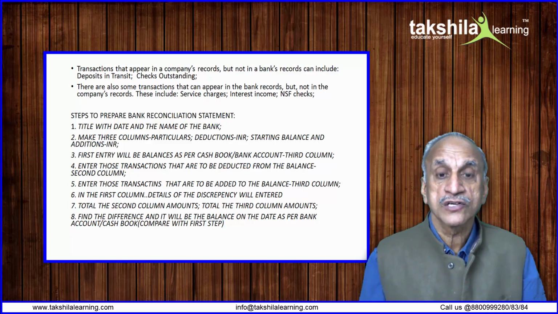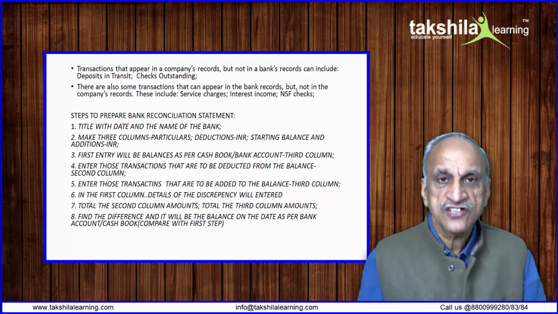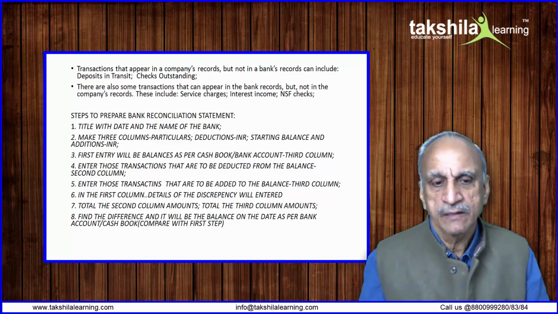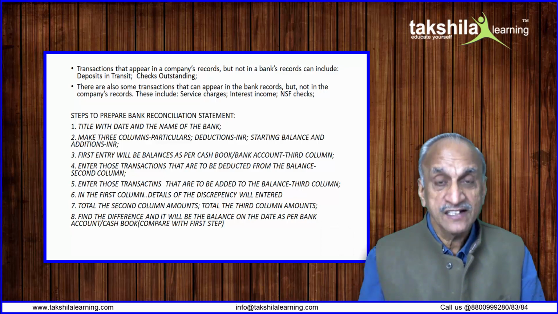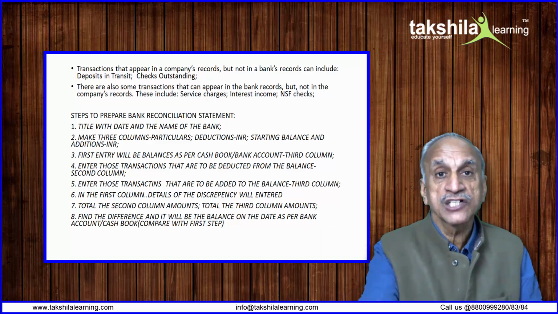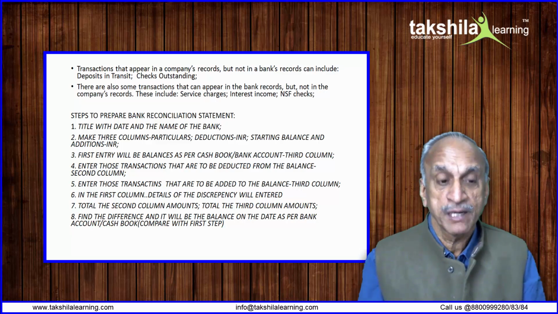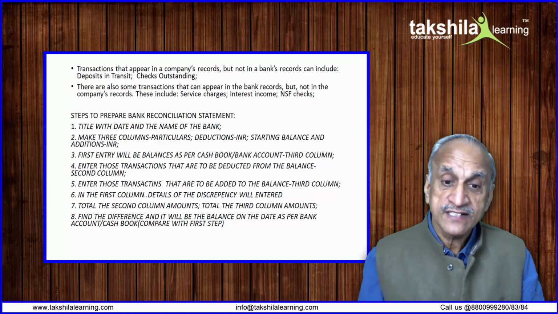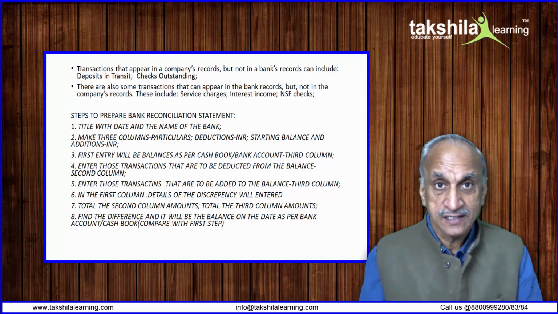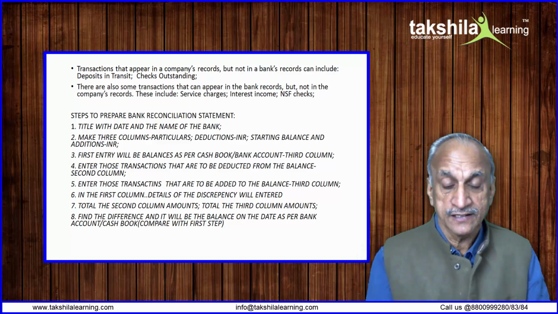Transactions that appear in company records but not in the bank's records can include deposits in transit, that is, you have deposited but it has not yet reached the bank. Checks outstanding: you have issued checks for payment, but the party to whom you have issued the check has not yet presented it to the bank for collecting the payment. There are some transactions which can appear in the bank account, like we saw with bank charges, but do not appear in the cash book at a particular date.